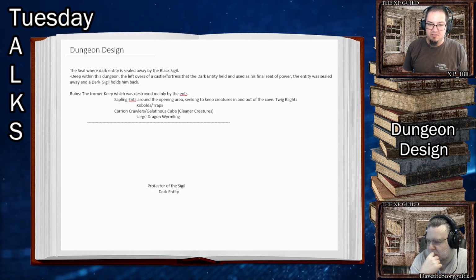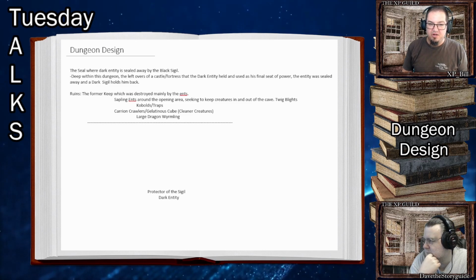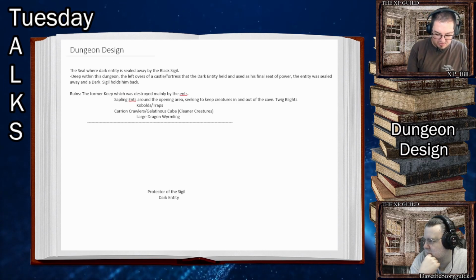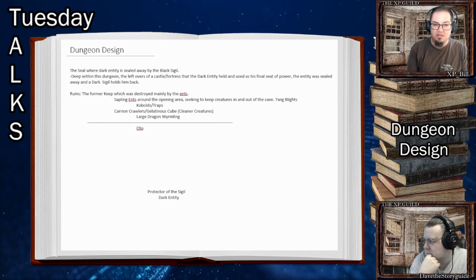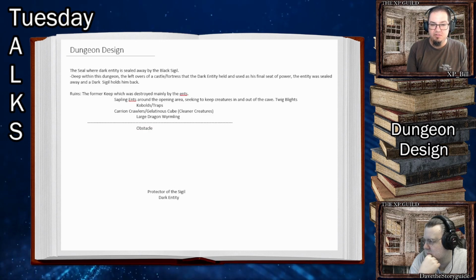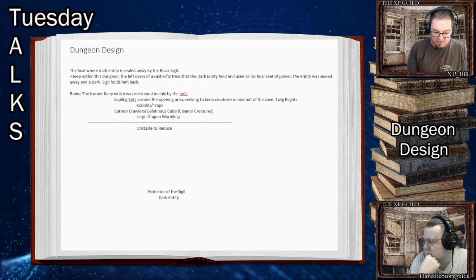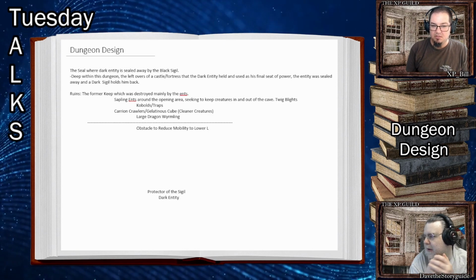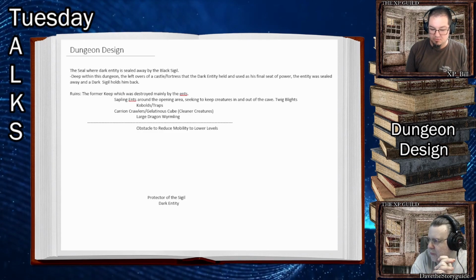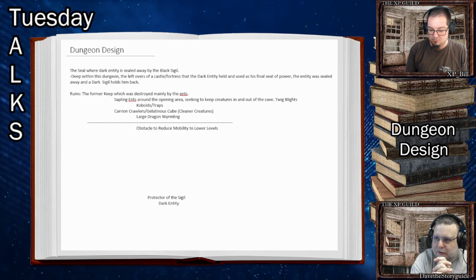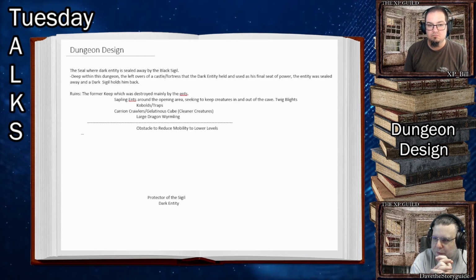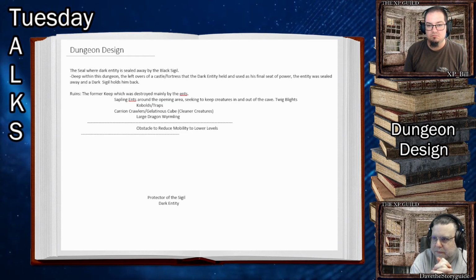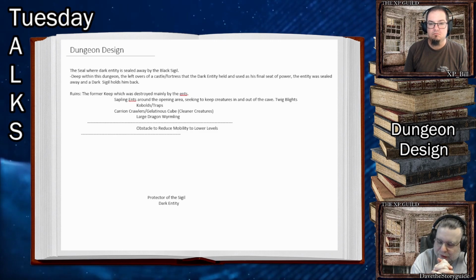before you get to somewhere down. And I think there would be some sort of obstacle to reduce mobility to lower levels. This is where you can put in the ground has given way and you have a large chasm, a river runs through it.